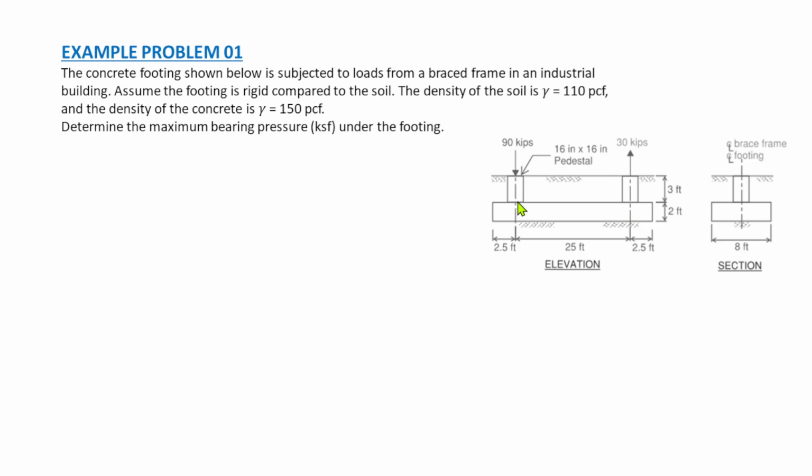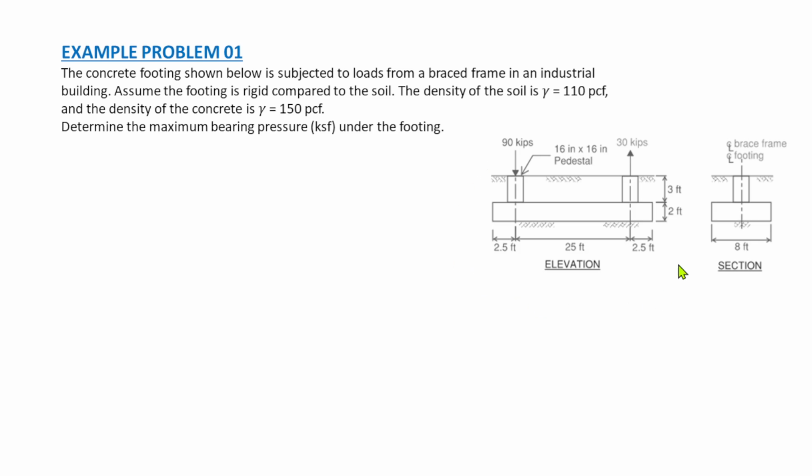And we have two pedestals, the same size, and the layout of our pedestals and the footing is symmetrical. The purpose of these pedestals is to support the columns here. We have the base plate here from the steel column of the braced frame.